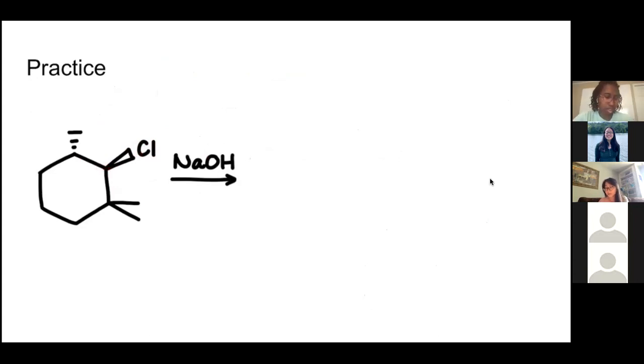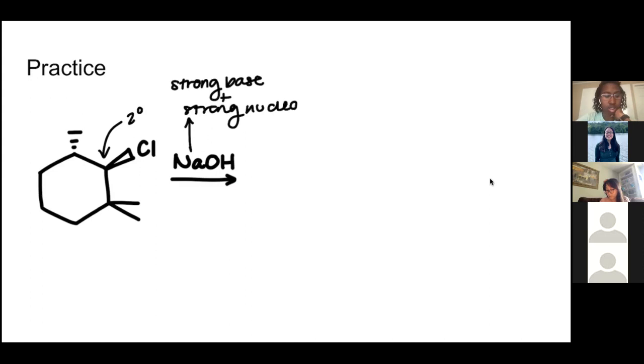Once again, we have a secondary substrate, secondary carbon there. And so we also have this NaOH. You may remember that NaOH is going to be a strong base and a strong nucleophile. So let me write that down: strong base and strong nucleophile.